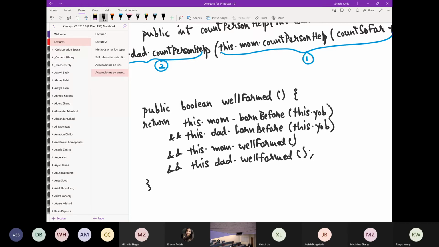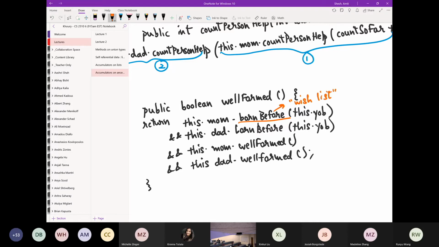The tree starting at this person is well formed if this person's mom was born before this person and this person's dad was born before this person and the mom's tree is well formed and the dad's tree is well formed. All right? So these, of course, are wish lists.